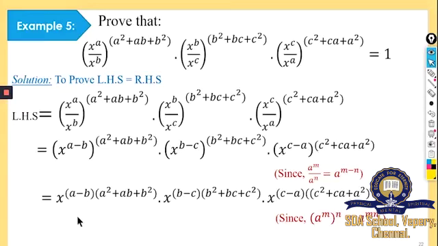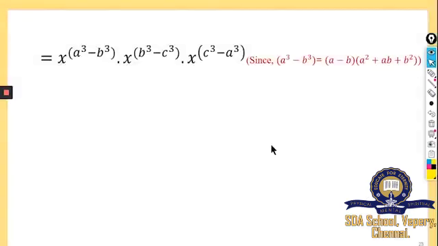So now the next step is, if you observe the power term a minus b into a square plus ab plus b square, what do you think? We have studied this already in the expansions chapter, right? So this is an identity. A cube minus b cube equals a minus b into a square plus ab plus b square.